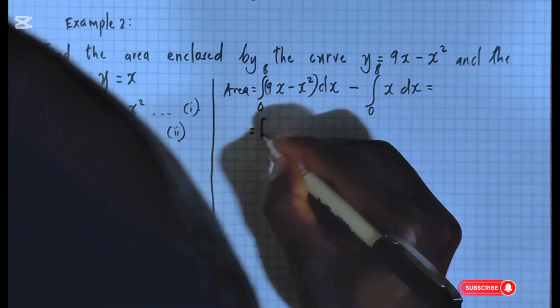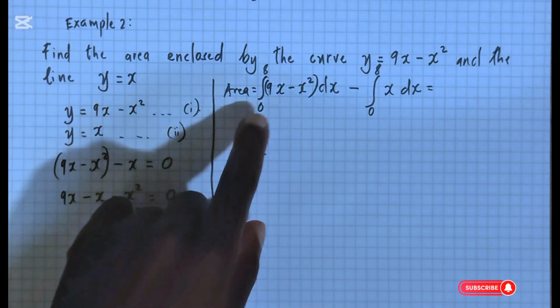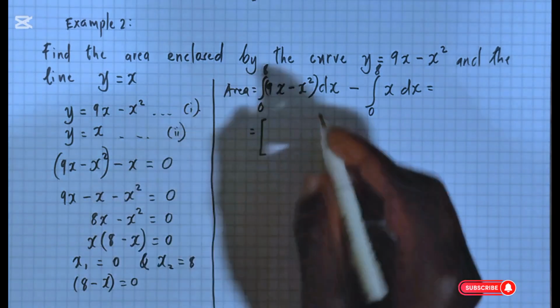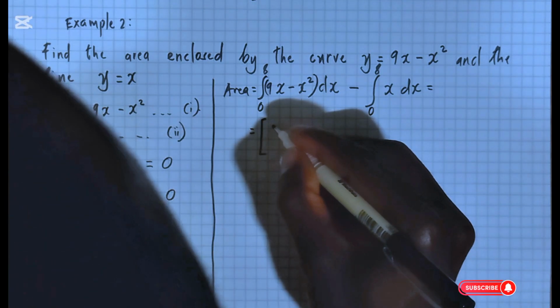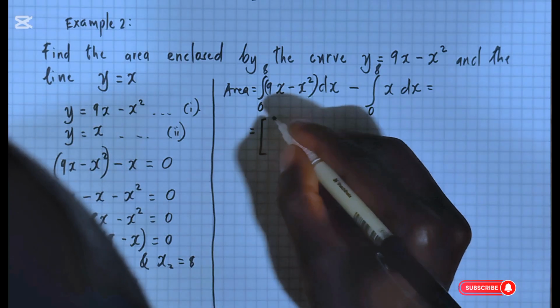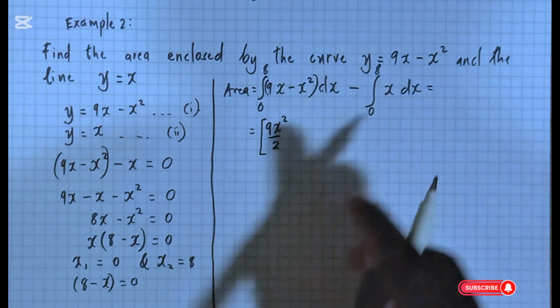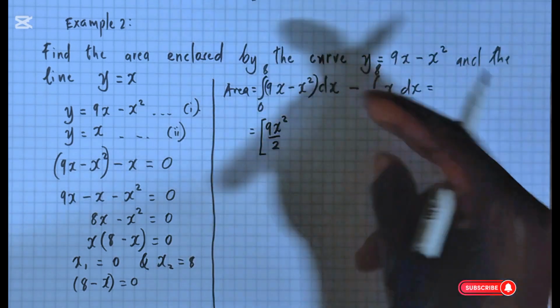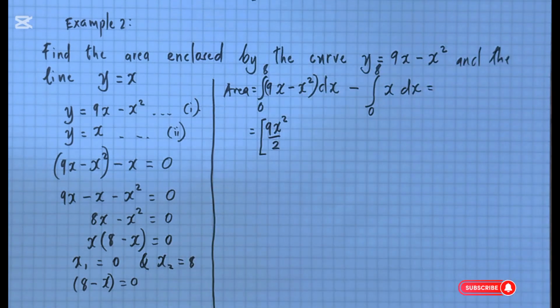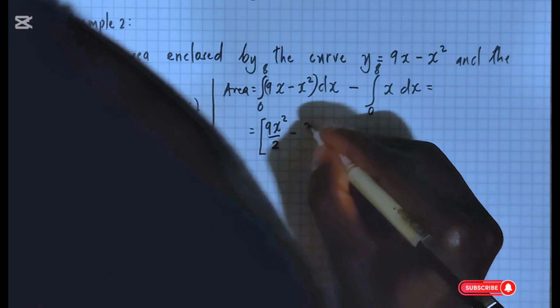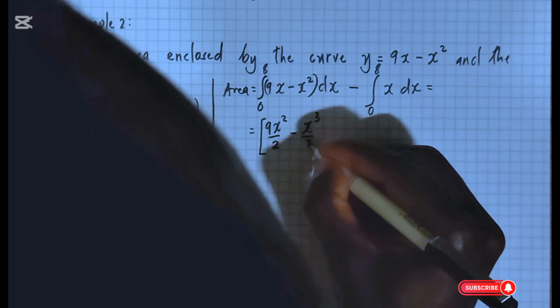So what this basically means is that when you integrate 9x, of course, you're going to have 9x squared all over 2, okay? So that's going to be 1 plus 1, 2, and then you divide the whole term by 2, so that's 9x squared all over 2, minus x cubed all over 3.